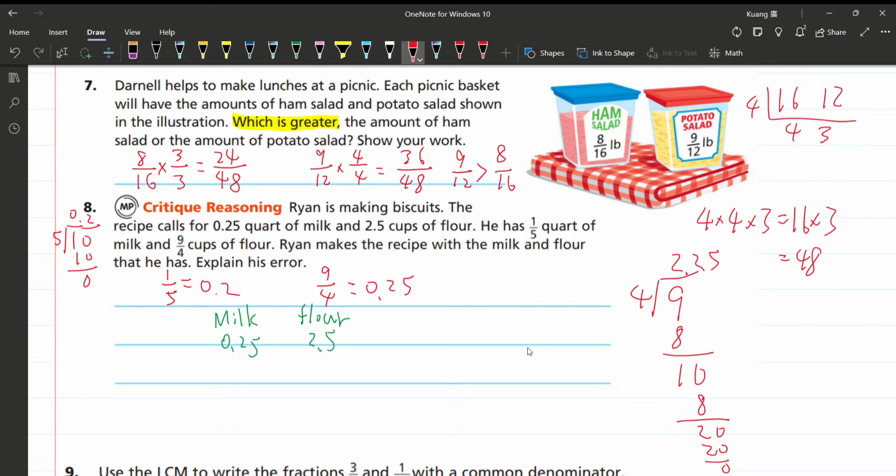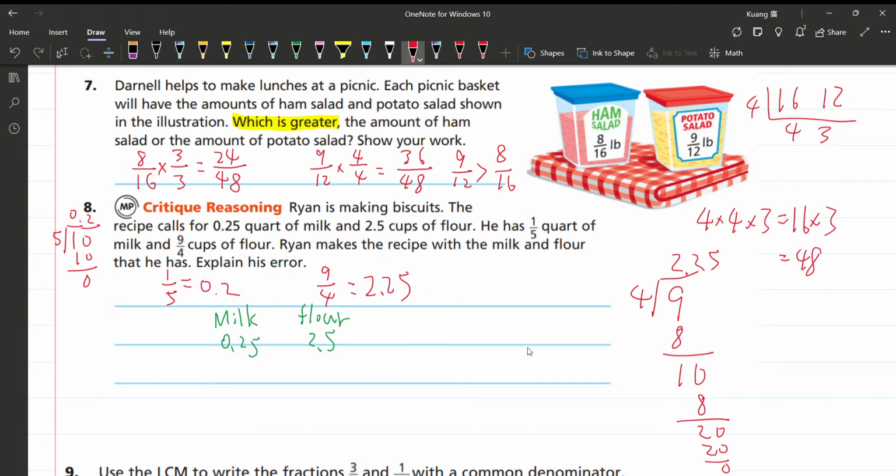However, Ryan has only 0.2 milk, and flour is 2.25. So both the milk and flour are not enough, and the ratio is different.